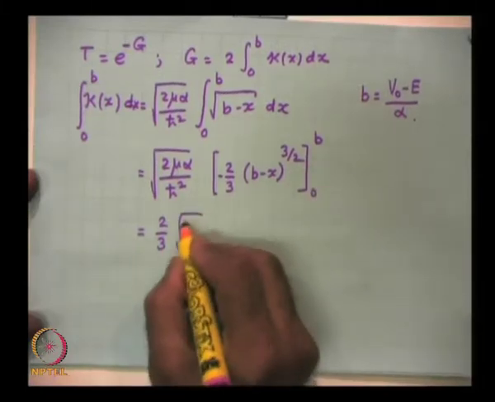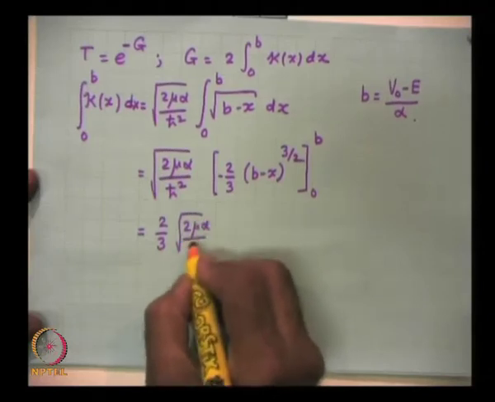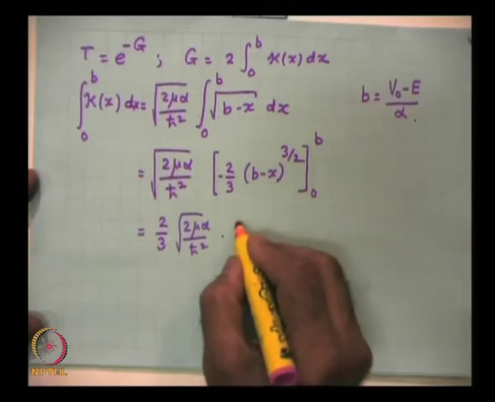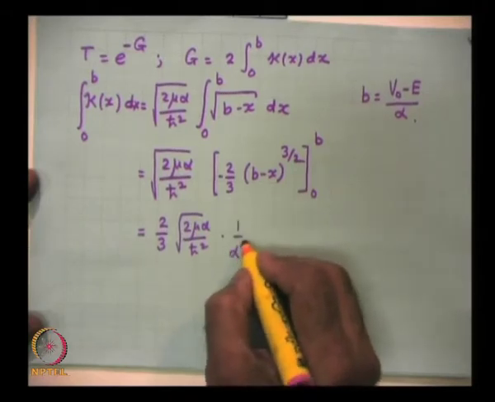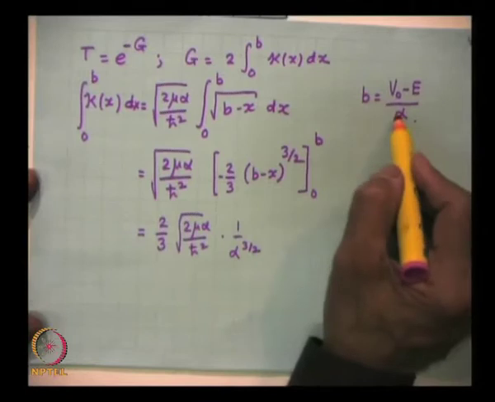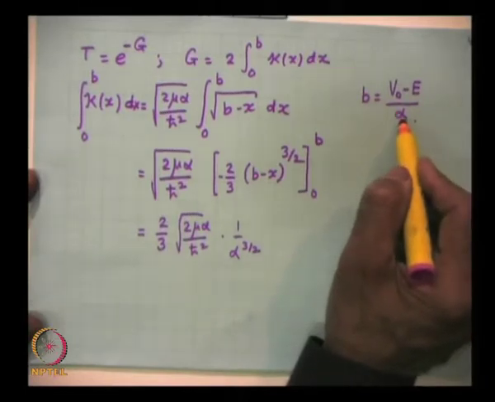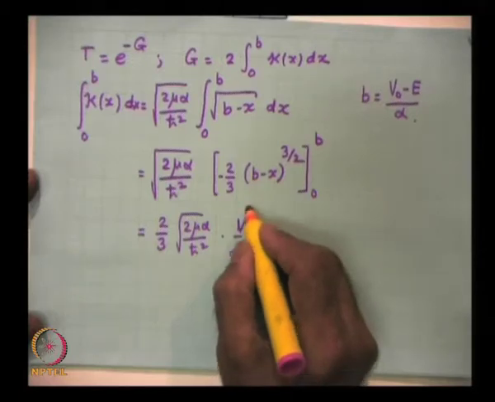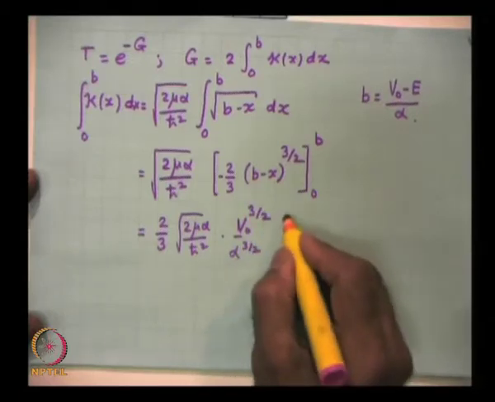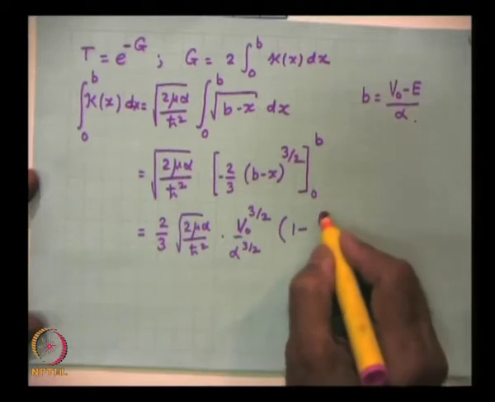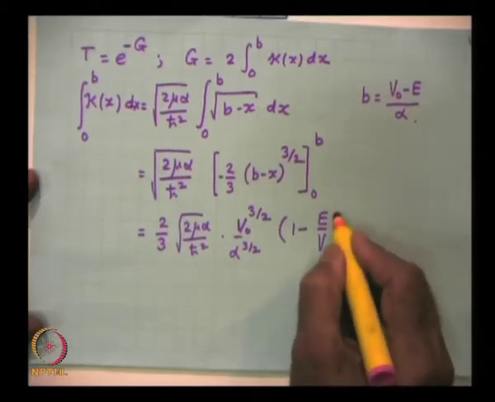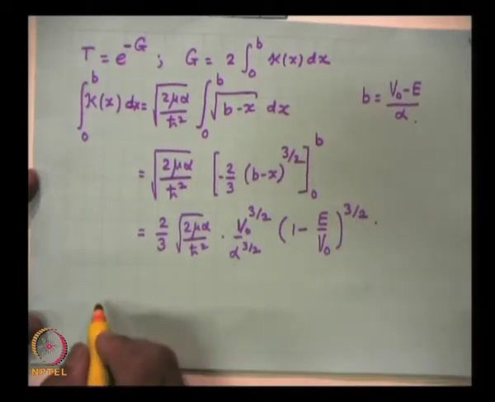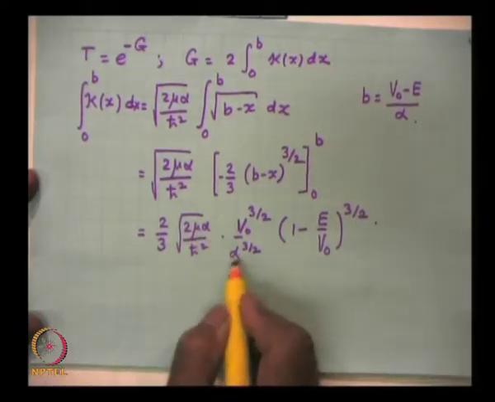So, I will have 2 mu alpha by h cross square, and 1 over alpha raised to the power of 3 by 2, because b raised to the power of 3 by 2 will have it, and if I take V0 also outside, V0 raised to the power of 3 by 2, that is 1 minus E by V0 raised to the power of 3 by 2, and alpha to the power of 3 by 2.